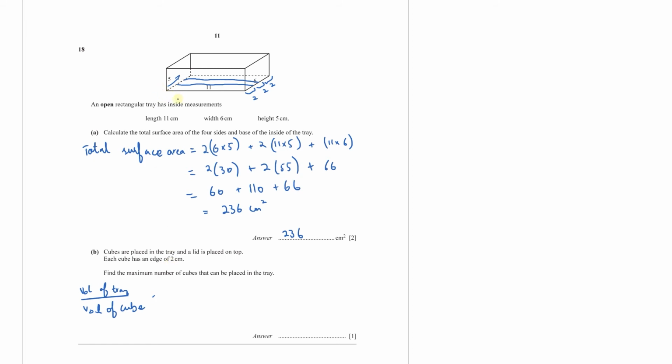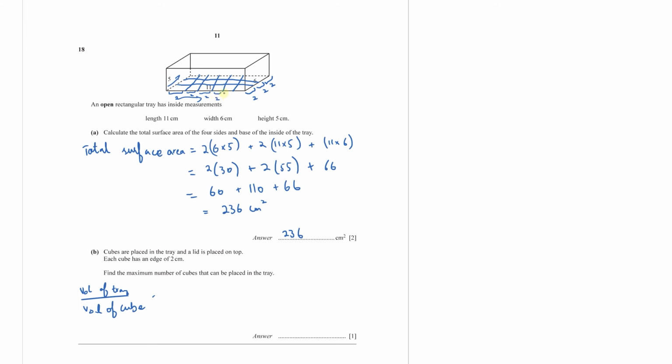So now let's look at this direction. So you have 11 centimeter length in this direction. So that means if I divide it here, 1, 2, 3, 4, and then 5. So if each of these is 2, this is also 2, this is also 2.